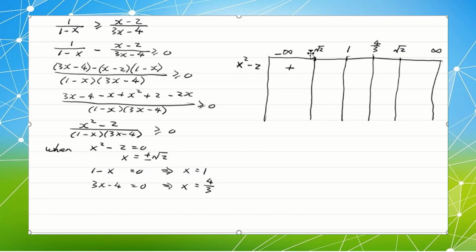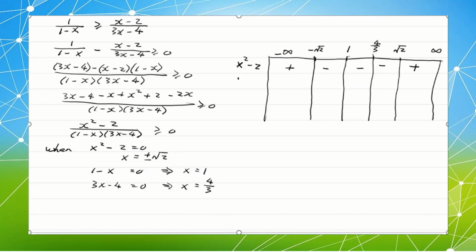For x in between negative square root of 2 up to 1, the value is negative, and from 1 up to 4 over 3, the value is negative, and for x between 4 over 3 up to square root of 2, since 4 over 3 is approximately 1.33 and square root of 2 is approximately 1.4, we can choose a number 1.35 to substitute into here. So we found that the value is negative. Then for x greater than square root of 2, the value is a positive value.